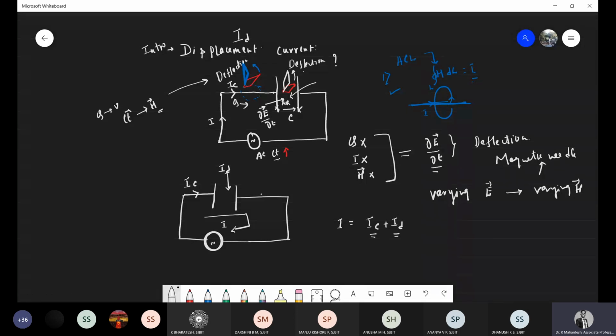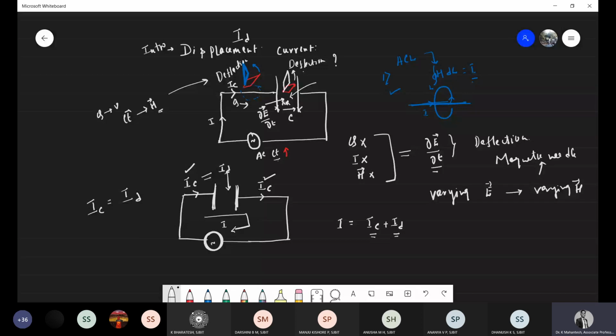Again, if you measure the current here, it is IC only. This IC is equal to this IC before and after the capacitor. And can I say IC is equal to ID then? Conduction current is equal to what? Displacement current. Because there is no loss of current. In the positive half cycle, the capacitor charges.